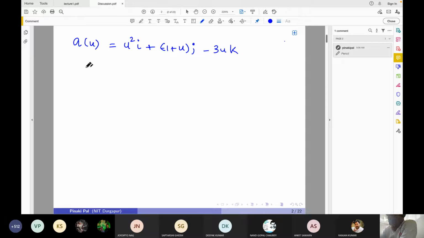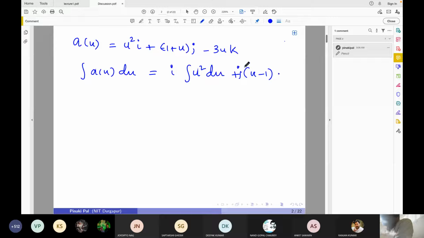So therefore we have to find the indefinite integration of A(u) with respect to u. Then we will perform the integration component wise. i times integral of u squared du plus j times integral of (u minus 1) du minus k times integral of 3u du.